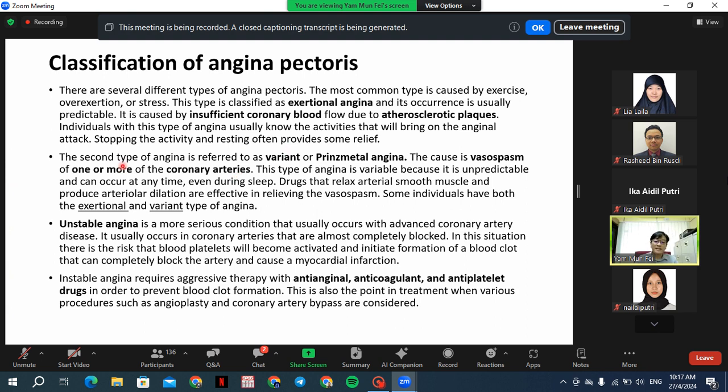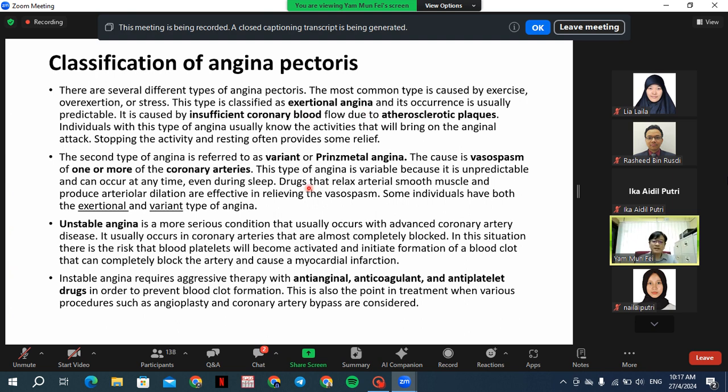These are classified as Prinzmetal angina because of sudden vasospasm. So some people might have both exertional angina and Prinzmetal angina as well.